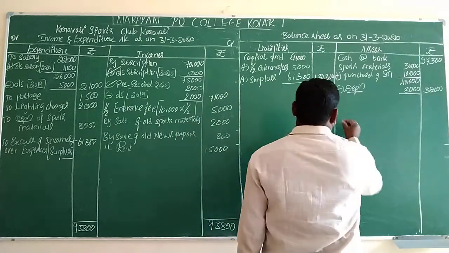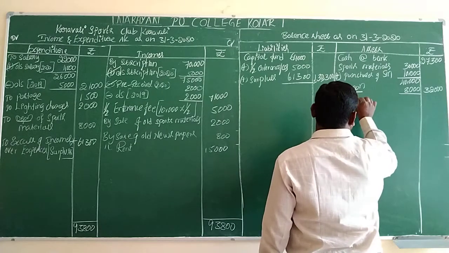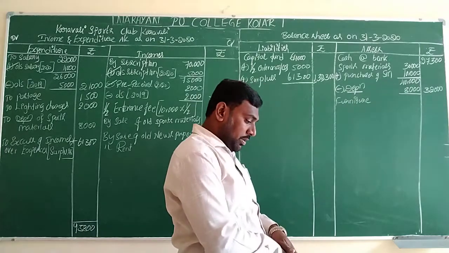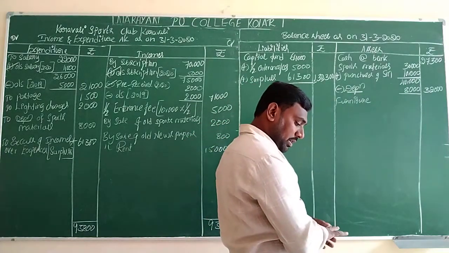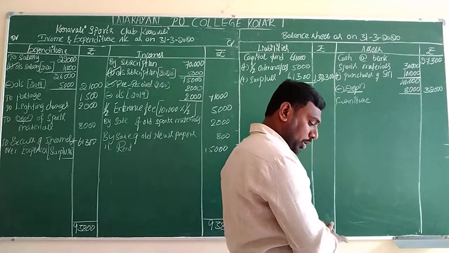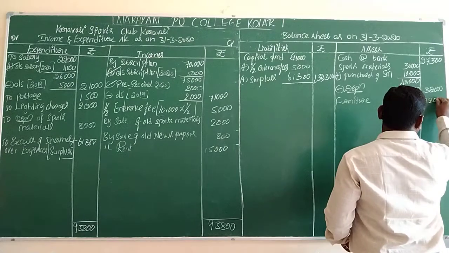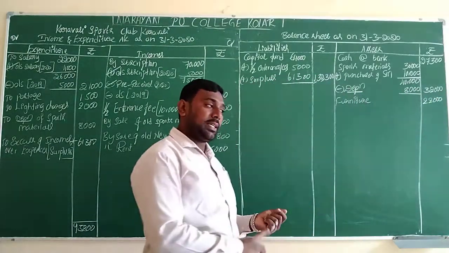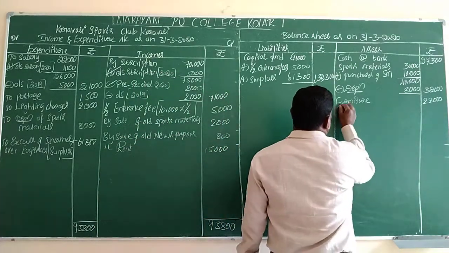And furniture. There is no adjustment for the furniture. We will write directly 22,000. Let's come to other assets, which is investment.